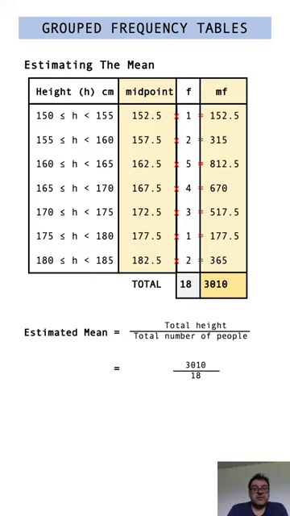So that's 3010 divided by 18. And there it is. So that is our best estimate for the mean of all the heights based on the information in groups. So that's how you work out the mean, or how you estimate the mean of grouped data.